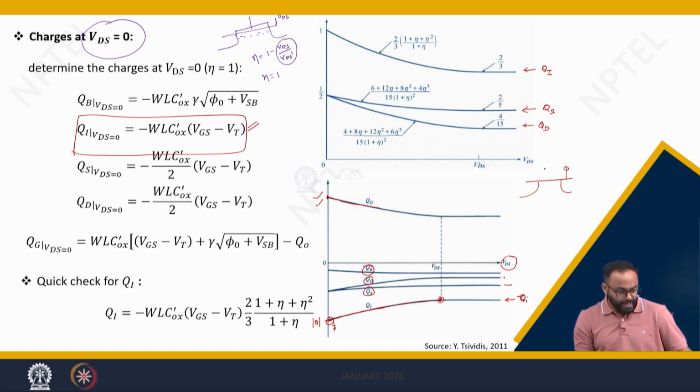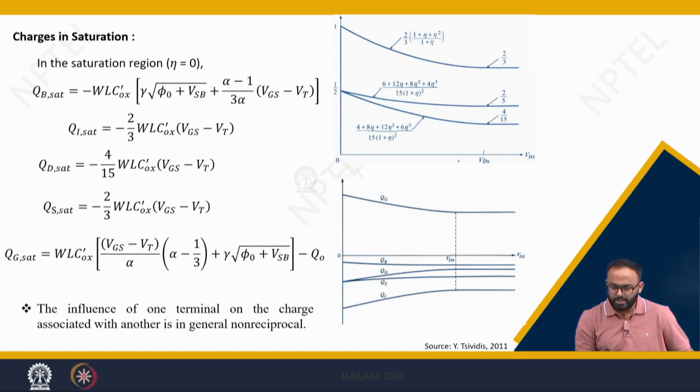Now, let us see the next case, when VDS will be VDS dash. Exactly at VD equal to VDS dash, the eta will be 0. By putting eta equal to 0 in our previously defined equation, you can calculate the bulk charge in saturation condition, inversion charge, drain charge, source charge, and gate charge.